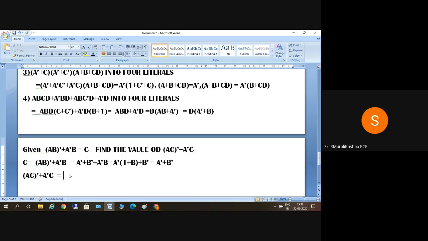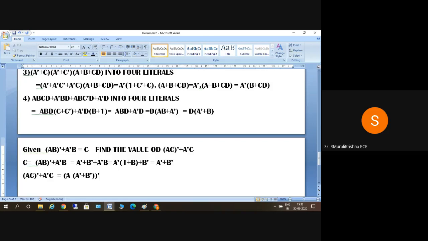Okay, substitute the value of C here. So C is nothing but A bar plus B bar, so C is equal to (A bar plus B bar) whole bar for all of this.